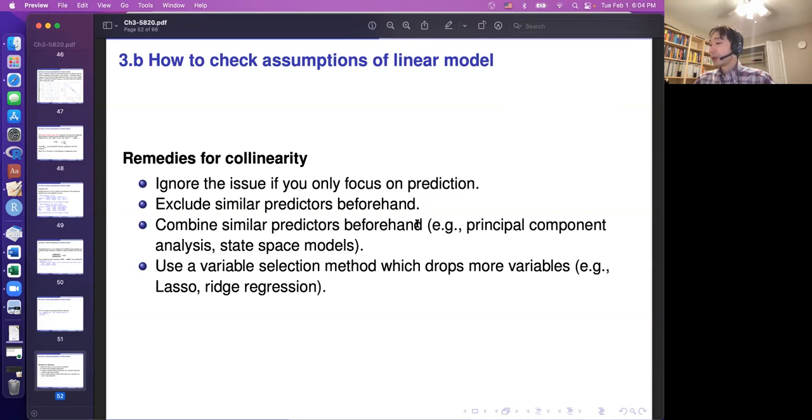As I mentioned, this happens because we focus only on the error size. Linear regression results focus on the error size, and in terms of the error size, it's already minimized. So we don't really have to worry about multicollinearity if your interest is only forecasting.